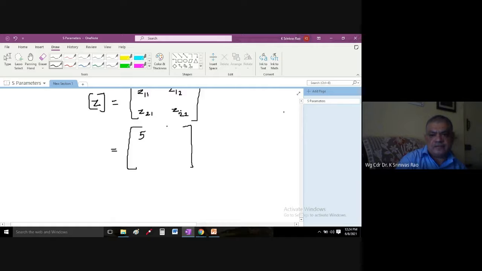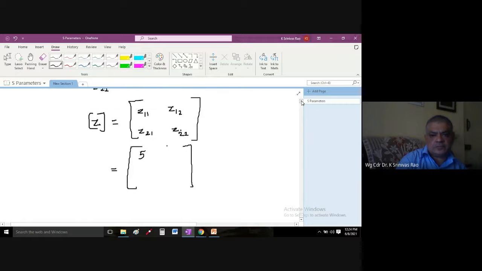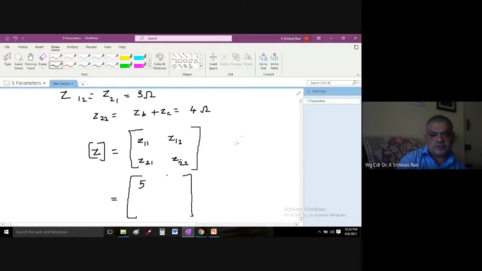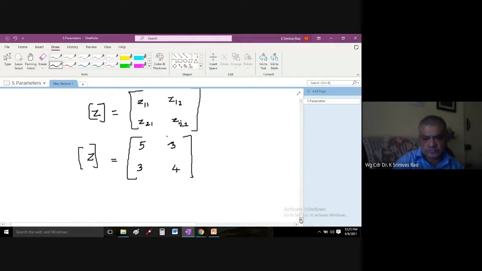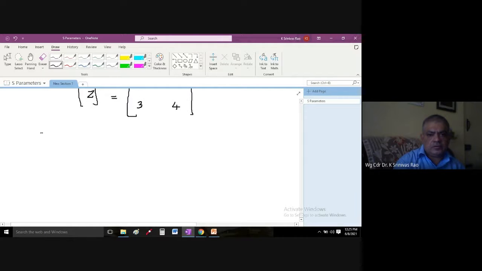And Z12 and Z21 remain the same, that is 3, this is 3, and this was also 3, and Z22 is 4. So this is about your Z parameters. Like this you have to calculate in the exam. Okay, try to solve this.